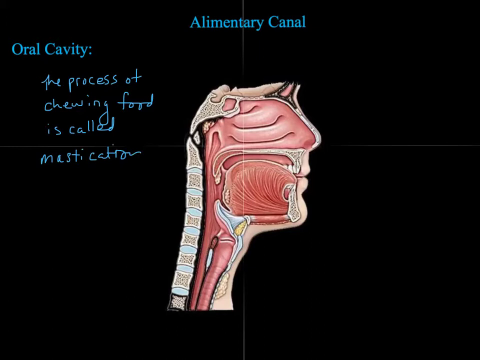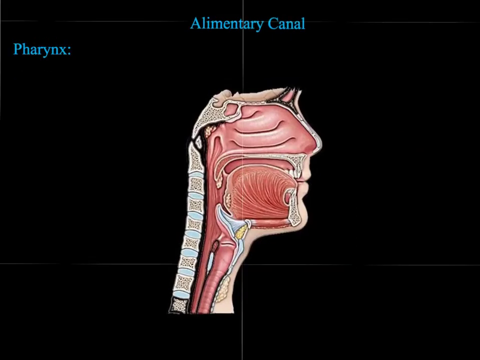And the product of mastication, chewed food, plus saliva, is what we call bolus. When food is done being chewed, that bolus is pushed to the back towards the pharynx.